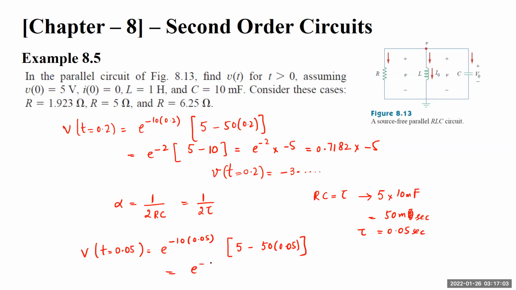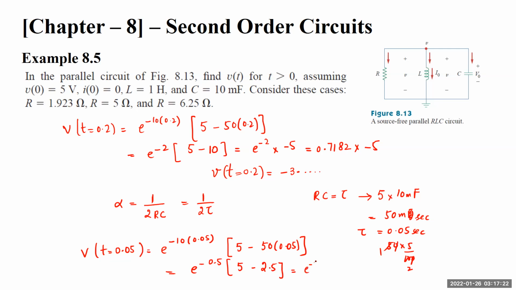So e raised to power minus 0.5, times 5 minus 50 multiplied by 5 divided by 100, that is 5 minus 2.5.